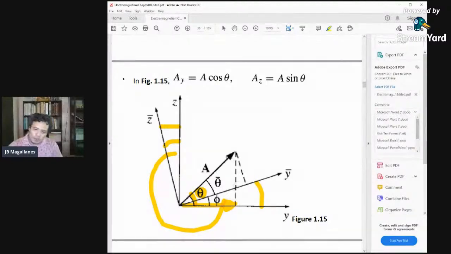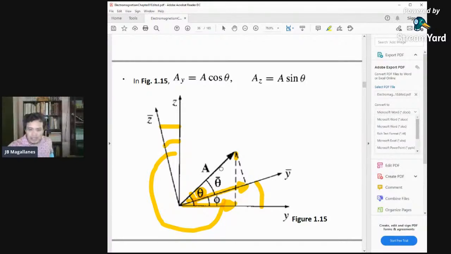The new component of a on the y bar axis is this one. This is the new component of A on the Y bar, but this is the component of A in the Y axis. So as you can see, the magnitude or the length of the arrow are different. So the magnitude is different for the components on the Y.